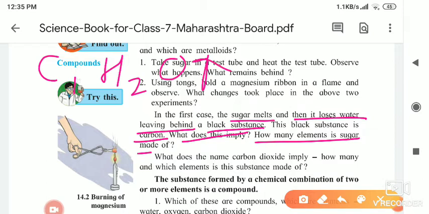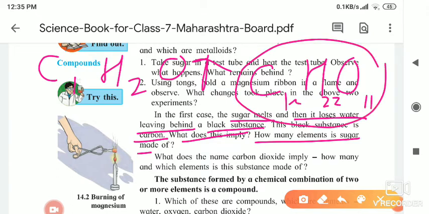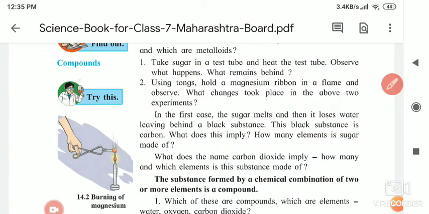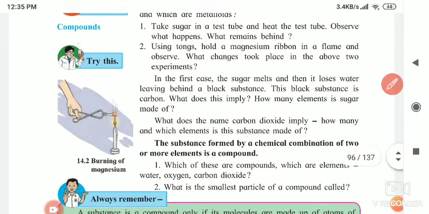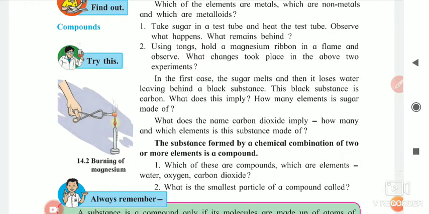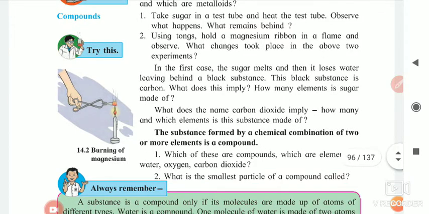So H2O means sugar is made up of carbon, hydrogen and oxygen. C12H22O11 is the formula of sugar. So sugar is made up of carbon, hydrogen and oxygen.